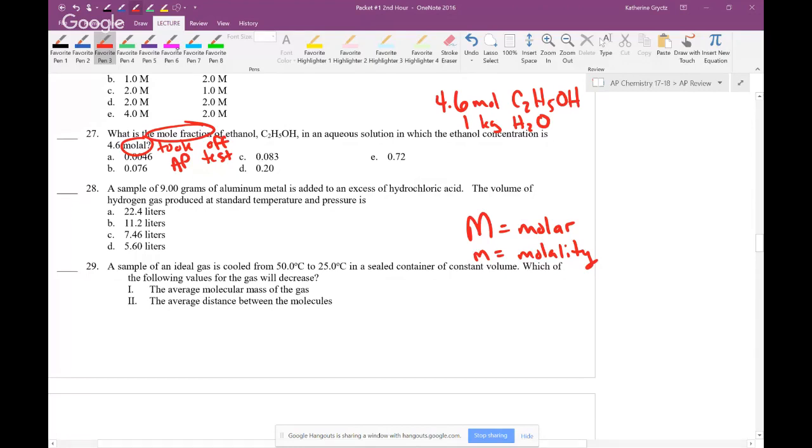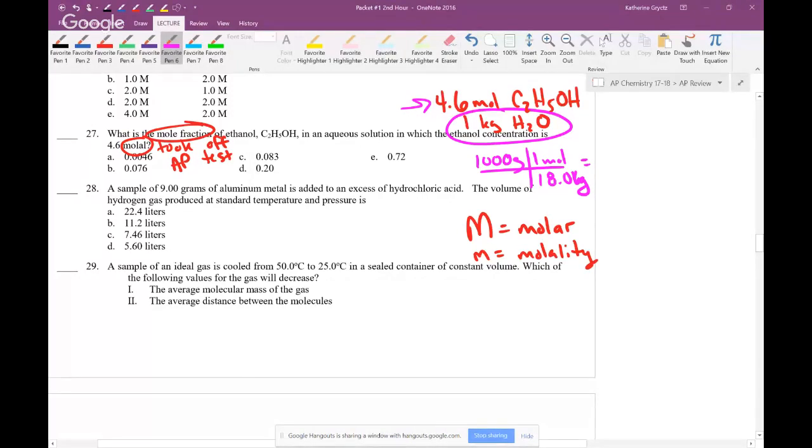So for mole fraction, you already have the moles of the part, and you would have to know the moles of the whole, so you would have to convert this to moles. So you would have 1,000 grams over 118. This was again before they took the calculator off, because clearly you can see those are nightmarish decimals.